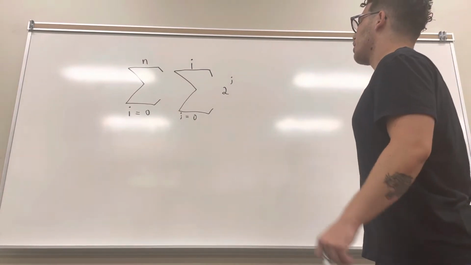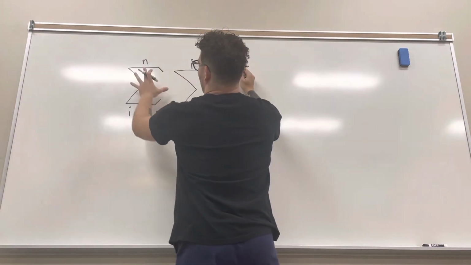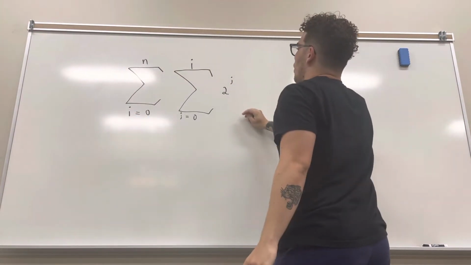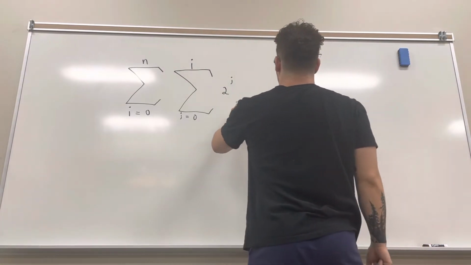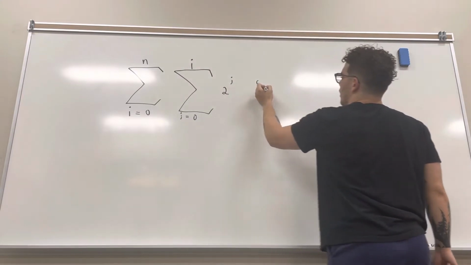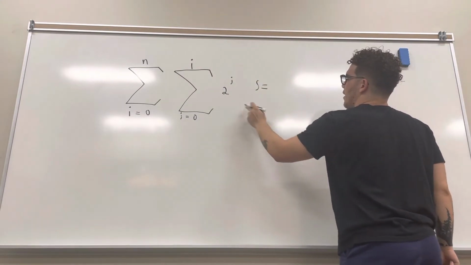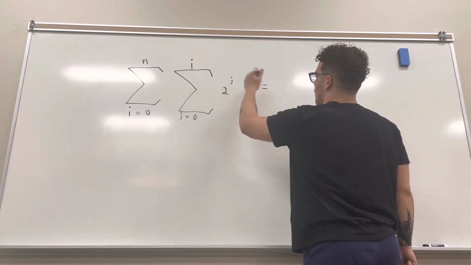So the first thing we're going to do is work on the inside right now. We're not even worried about out here. We're going to expand this guy here. So what do I mean by that? I'm going to say S equals, and then I'm going to expand this, starting from j equals 0 all the way to j equals i.